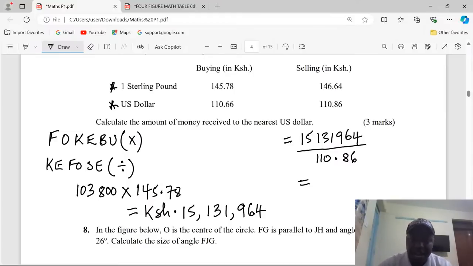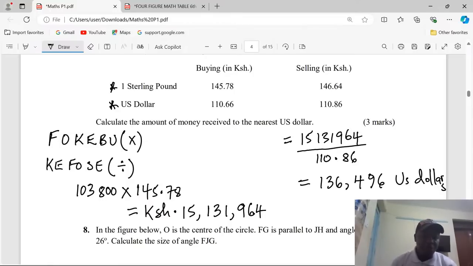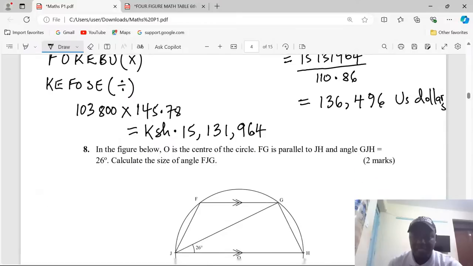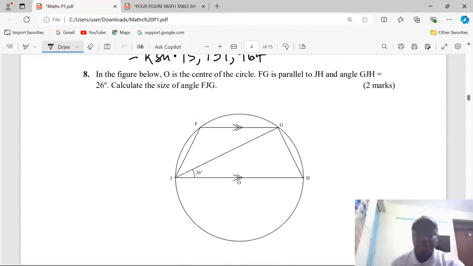Remember it is to the nearest US dollar, so we get 136,496 US dollars. This is the amount that we are going to receive.